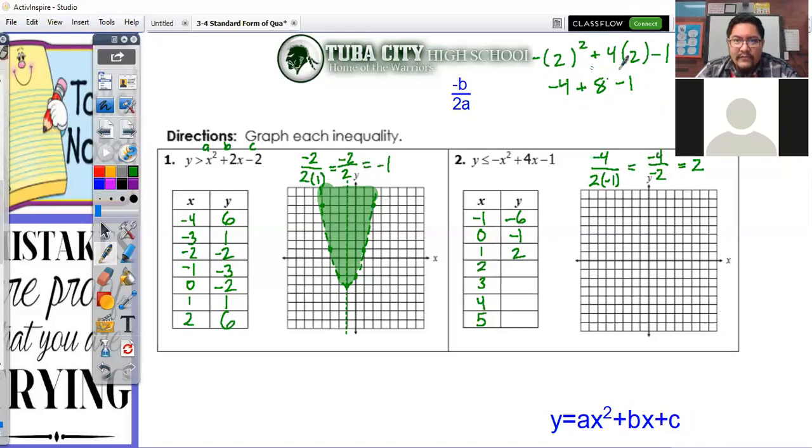So I got negative 4, negative 1, put them together. You got negative 5. 8 minus 5, in this case, will be 3. All right, and again, we should have the pattern repeat here. So it should be 2, negative 1, negative 6. So I'm going to put 3 in here.